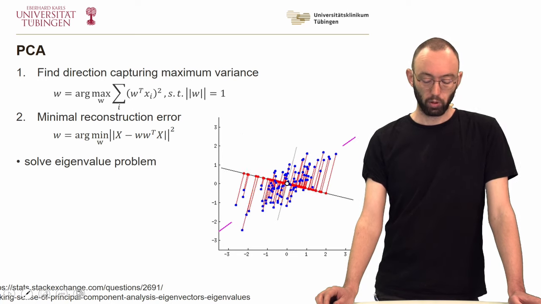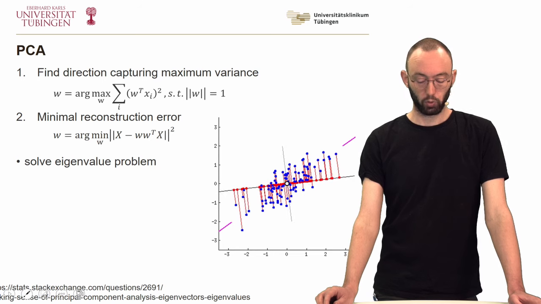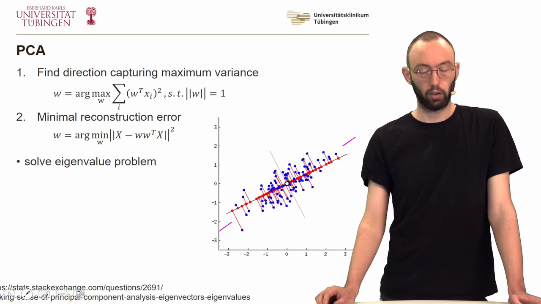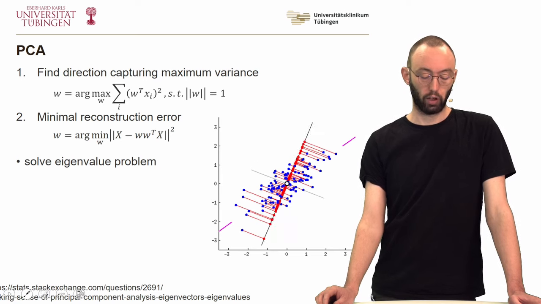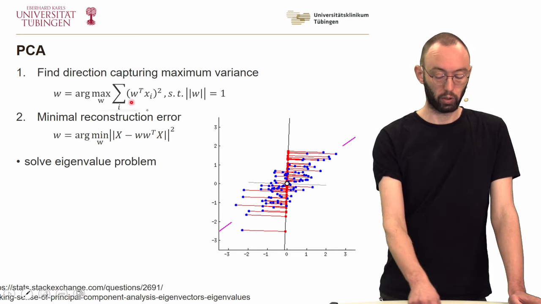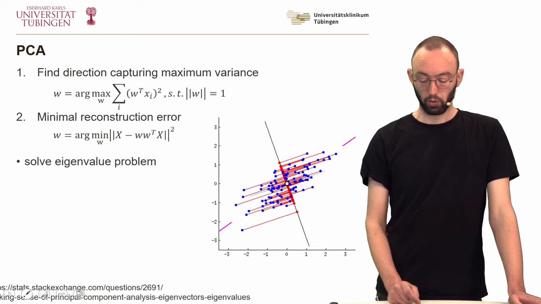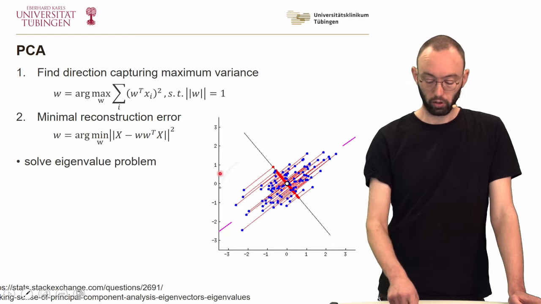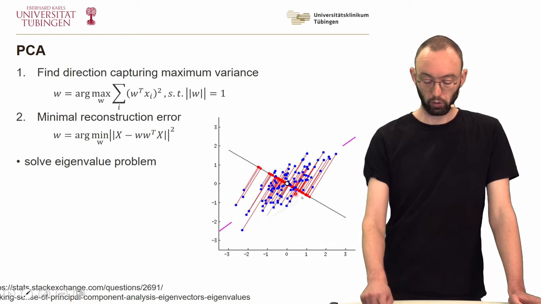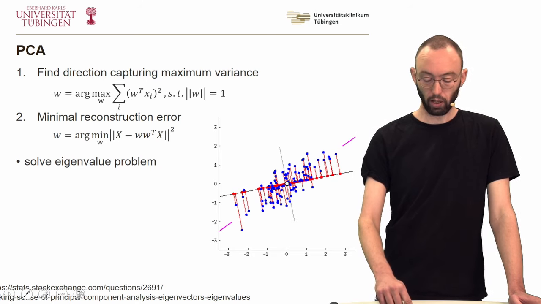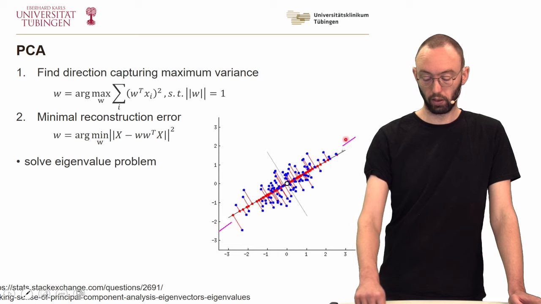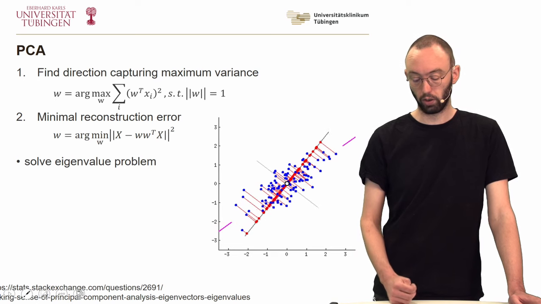So what principal component analysis tries to do is it tries to find a direction in the space that captures the maximum variance. You can write that formally like this. But you can also see it in this little animation here. So here you have a set of dots. The direction of the largest variance in that space is clearly like the line is currently looking.